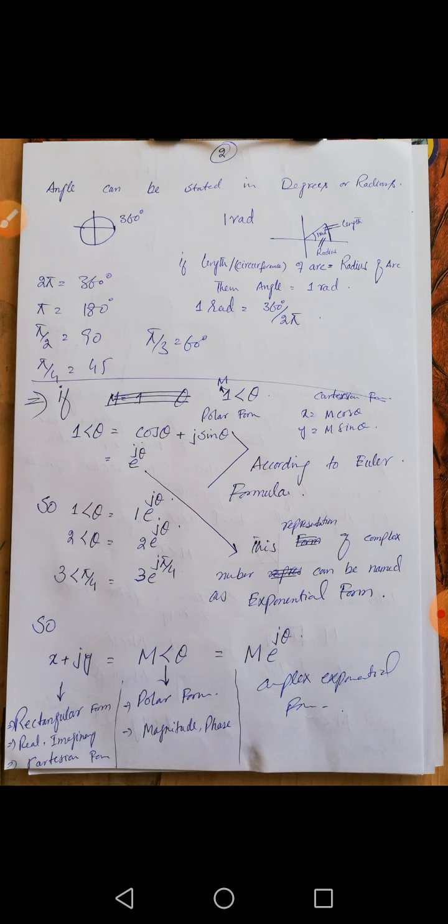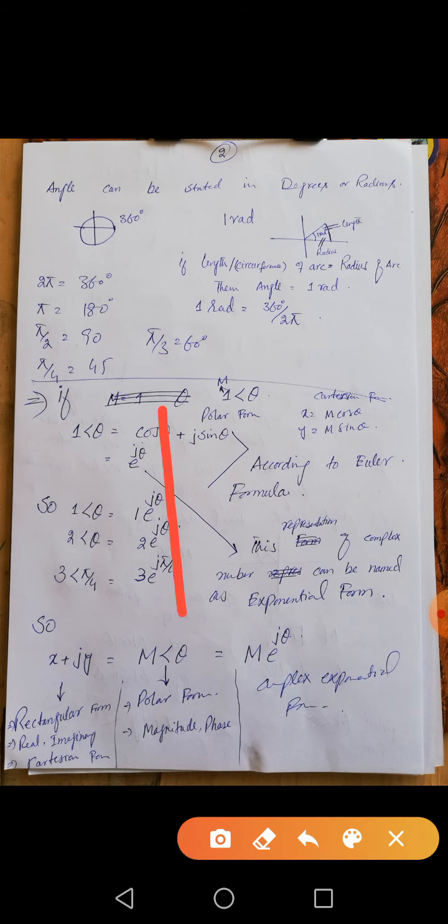1 radian is defined as follows. Let me draw over here an arc.